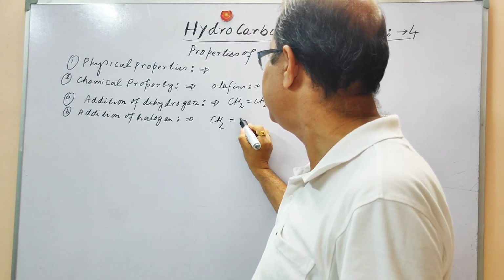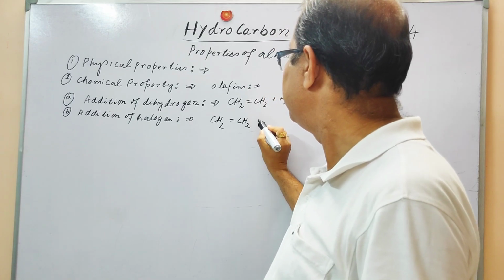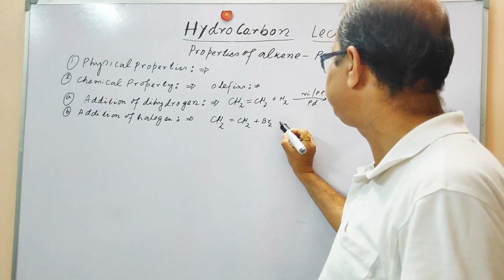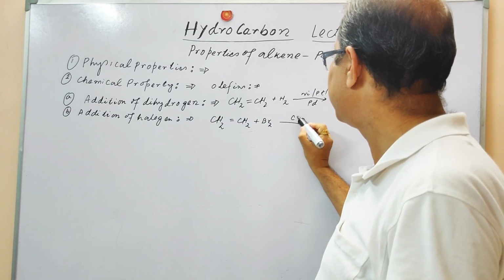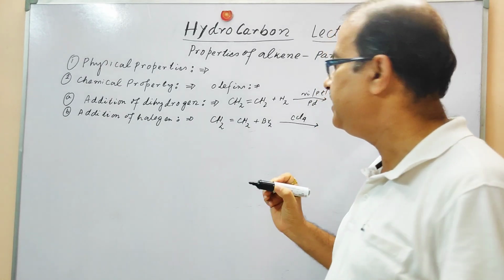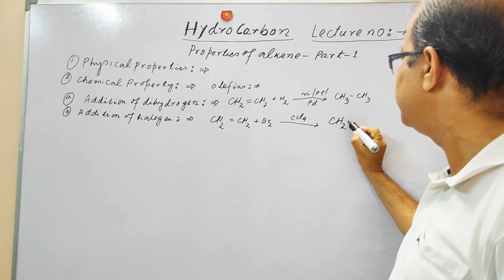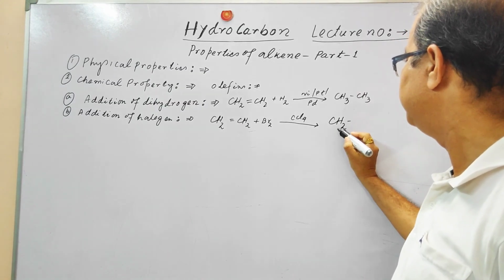We have taken ethene plus bromine, and this bromine is dissolved in carbon tetrachloride, and it is going to form these dihalides.